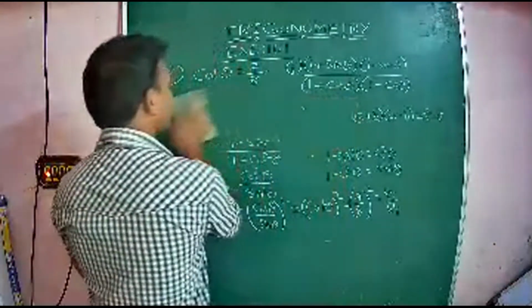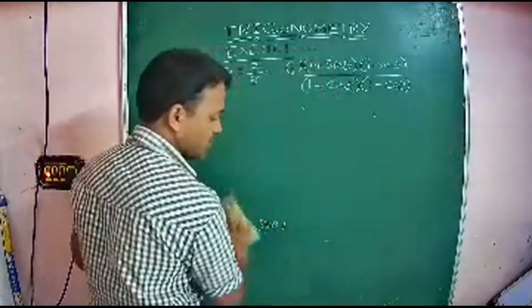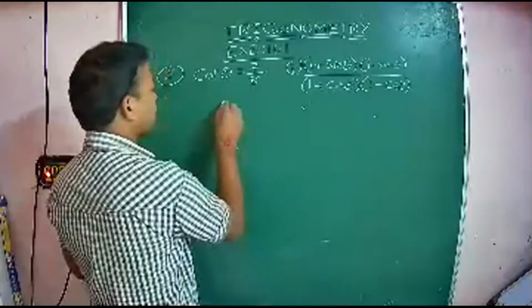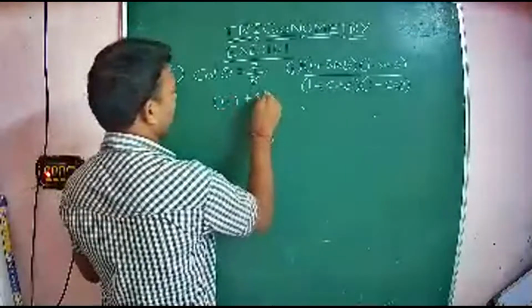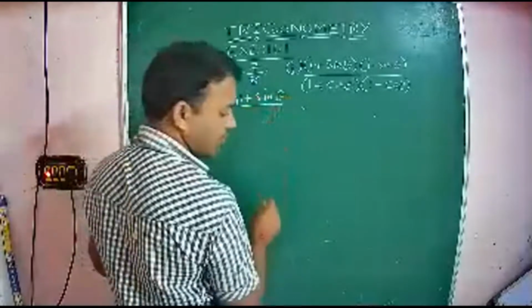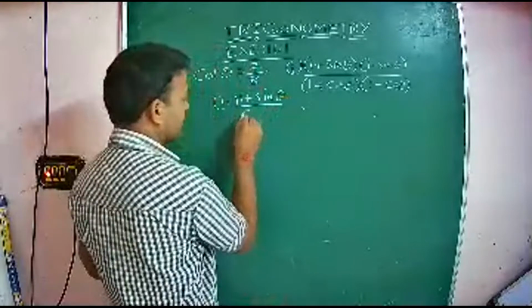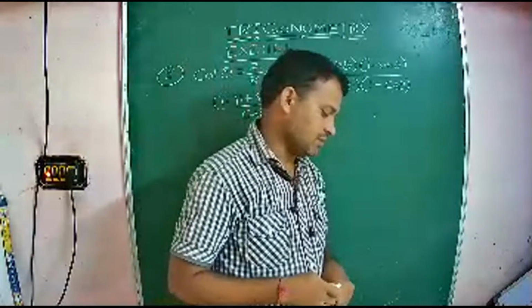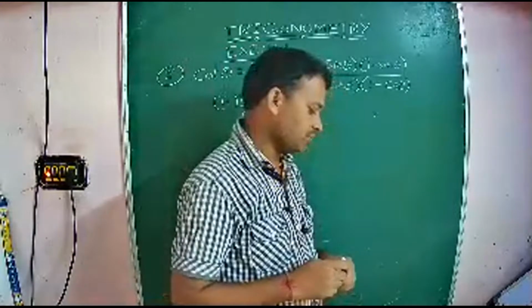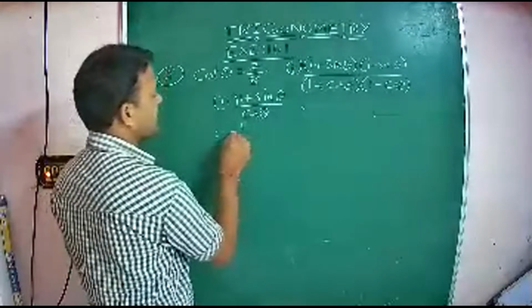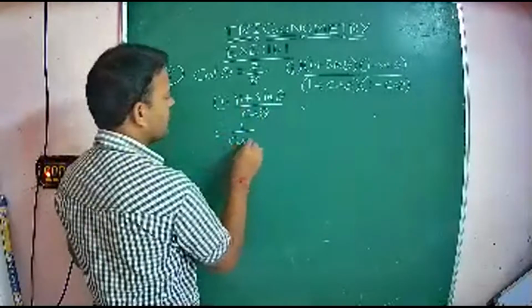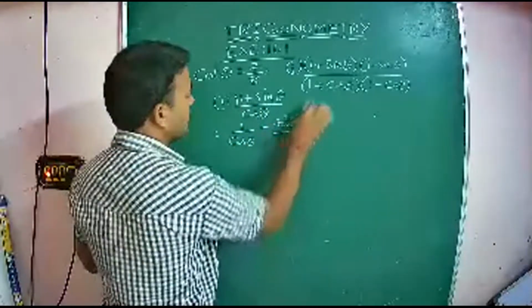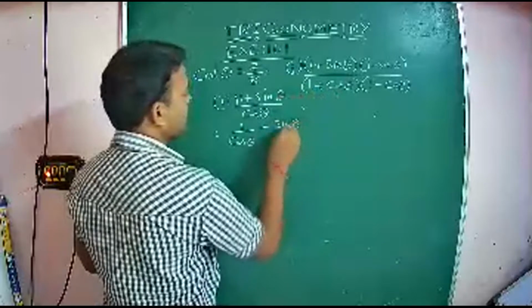Then the 7th Roman second sum is 1 plus sin theta by cos theta. First of all, you need to observe that this can be written by separating the terms: 1 by cos theta plus sin theta by cos theta.